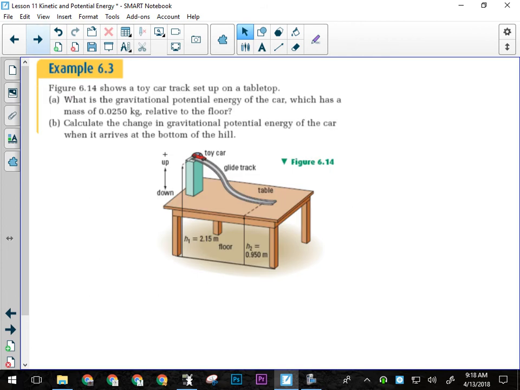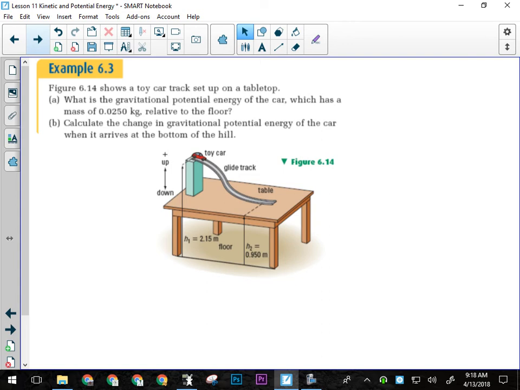All right, so I want you guys to write down this example. We're going to try it together. I've got this toy car set up on a track on a tabletop. We want to find out what the gravitational potential energy of the car is if its mass is 0.025 kilograms, or 25 grams, relative to the floor. The importance of this question is the reference point.